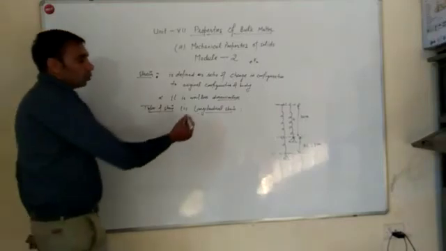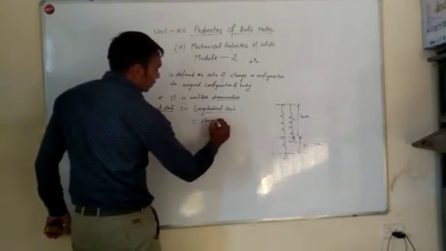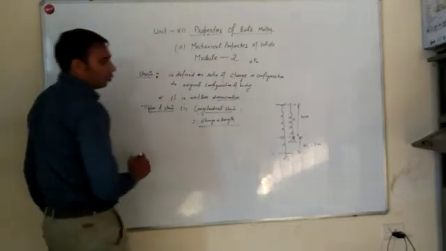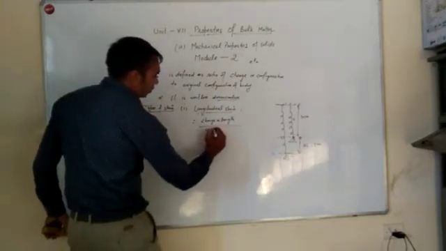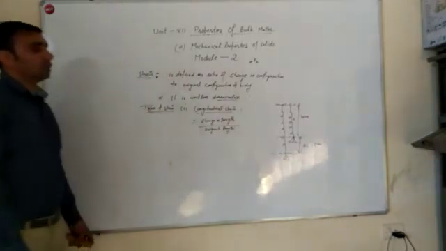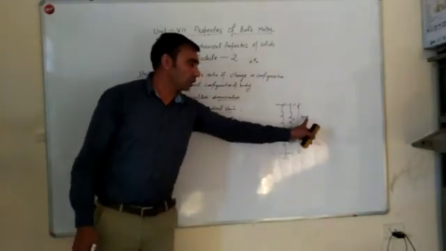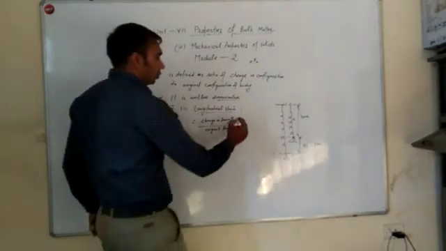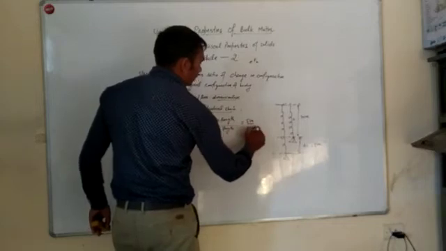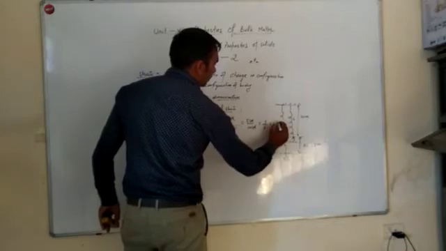Now longitudinal strain is change in length divided by original length: 5 centimeter divided by 10 centimeter, that is 1 by 2, that is 0.5.